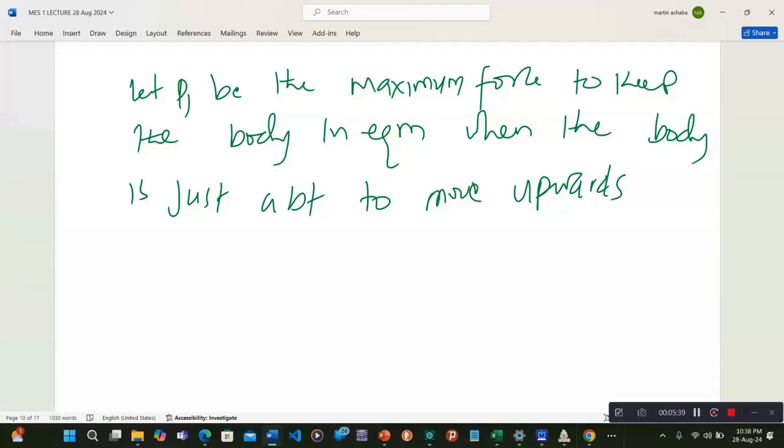So when it is just about to move upwards, we will use that expression.